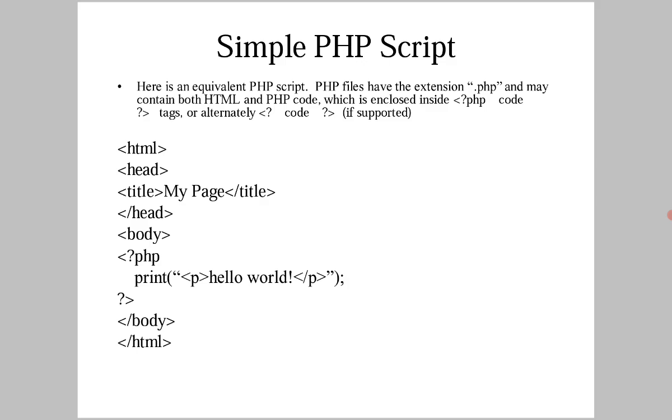To insert any PHP script, we use less than question mark PHP, then the PHP code, and then question mark greater than. This is the syntax of using PHP code.